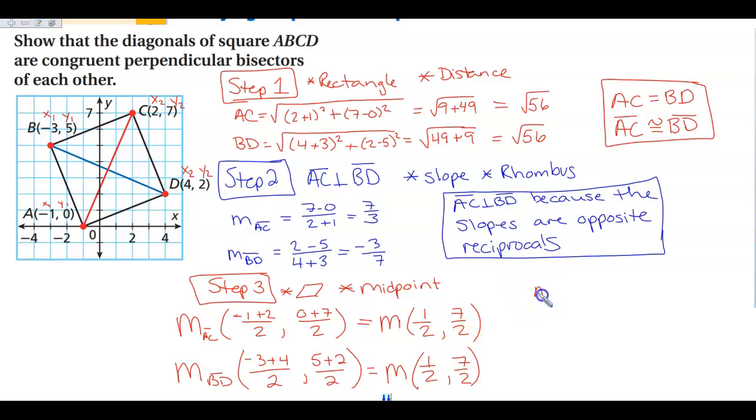So we know that AC and BD bisect each other because their midpoints are the same.